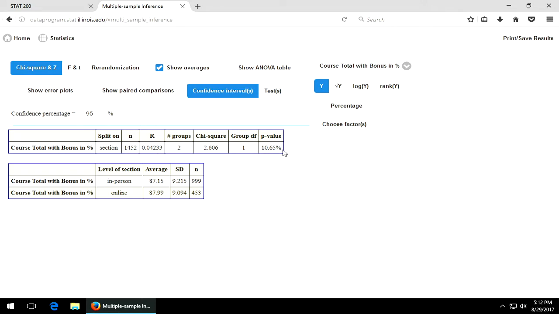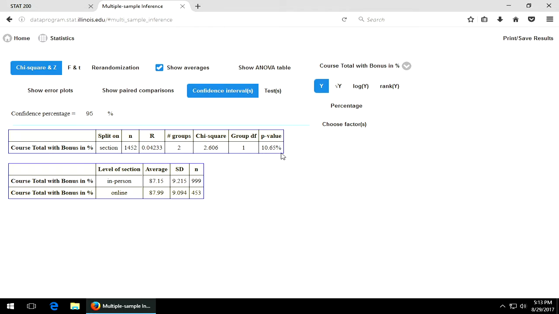This is the likelihood that we'd see such a difference, this difference of 0.84, just by the luck of the draw, if nothing's going on. So if we were using our usual 5% cutoff, we would not reject the null. This looks like this difference is just due to random chance.